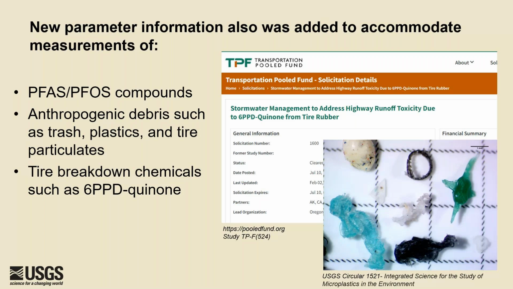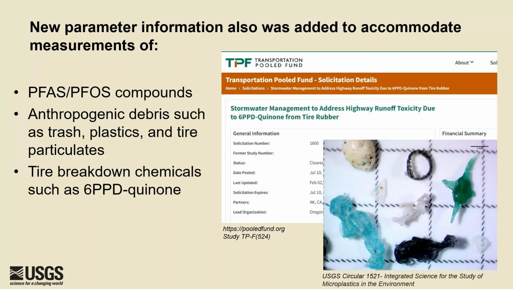And on the left is a snapshot of the Transportation Pooled Fund for Stormwater Management related to 6-PPD quinone. So these constituents are receiving increasing attention in stormwater runoff management. So we've just prepared the Highway-Runoff Database to accommodate these parameters and any data related to them as that becomes available in the future.